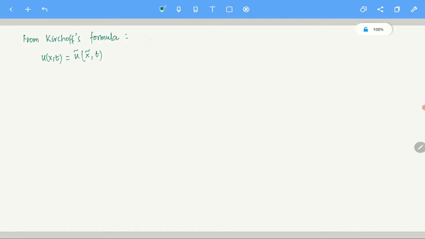Where, basically, let me write here, x tilde I will write as x1, x2, 0. x is x1, x2, I have already written. So basically I will just take the third variable to be 0. So u of x, t is u tilde of x tilde, t. Sorry, not t tilde, t is t.